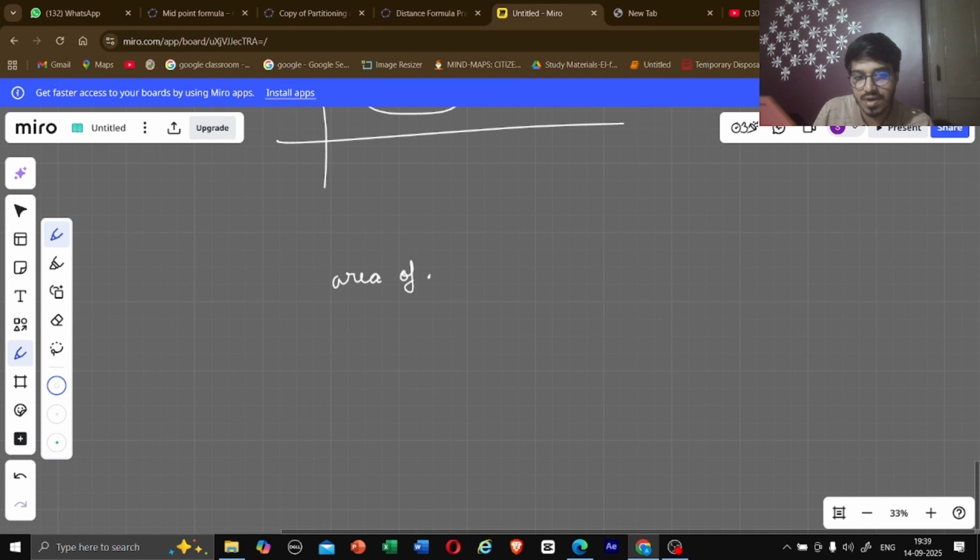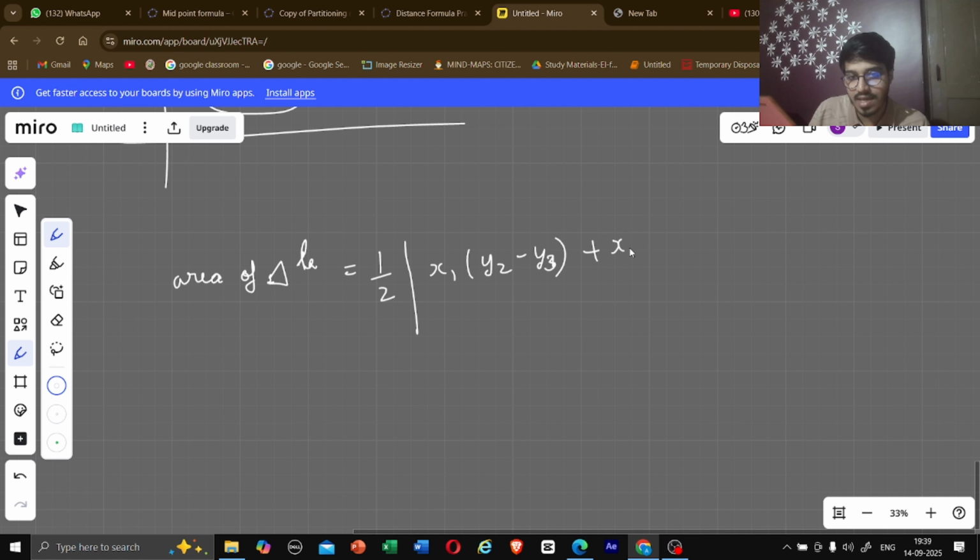Area of triangle, in short form we write with the triangle symbol, is equal to half modulus of x1 (y2 minus y3) plus x2 (y3 minus y1) plus x3 (y1 minus y2).